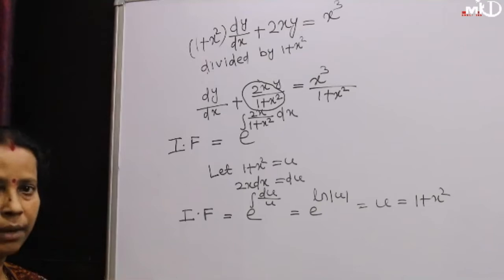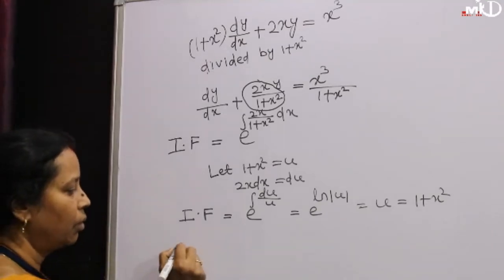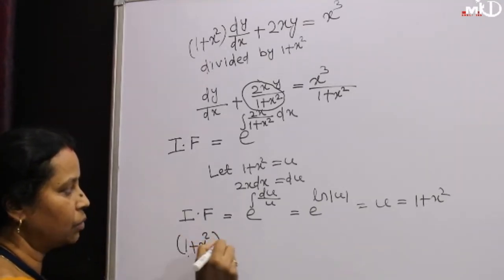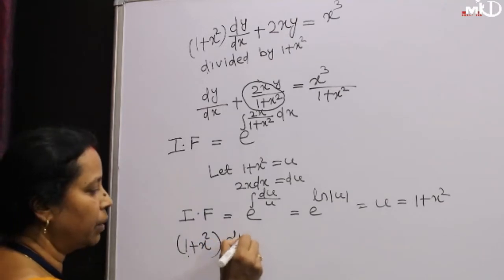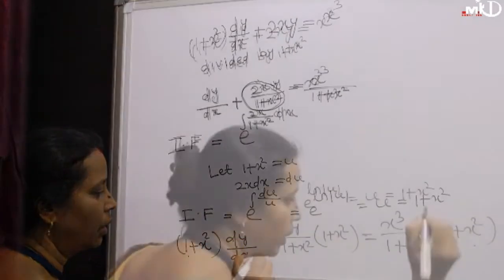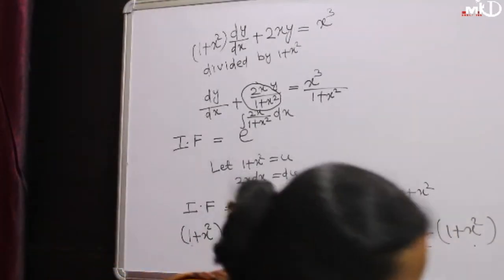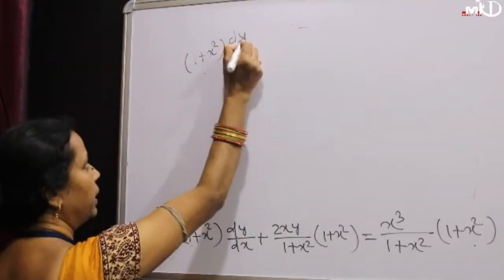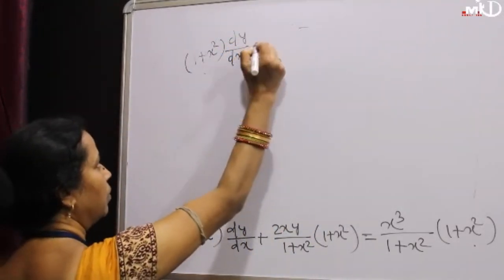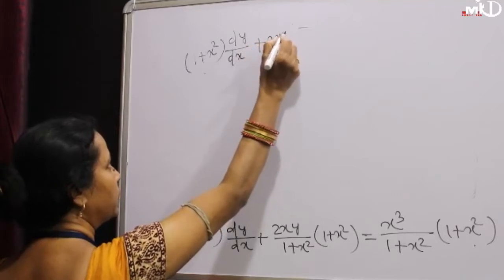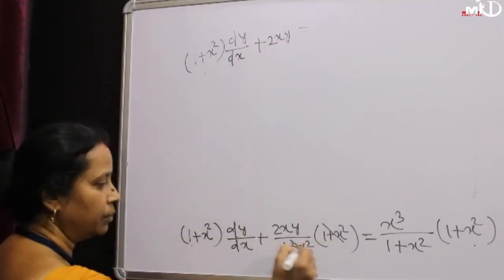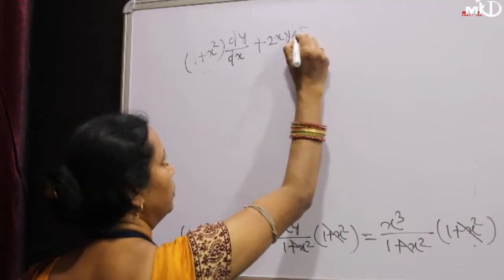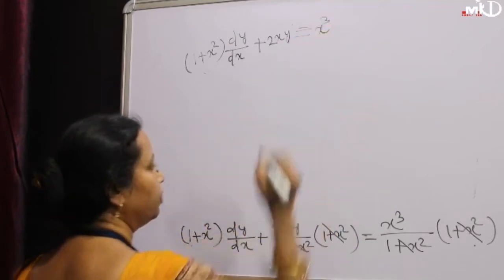So our next step is the multiplication of the integrating factor. So it is 1 plus x square into dy by dx plus 2xy, because the denominators cancel, is equal to x cube.